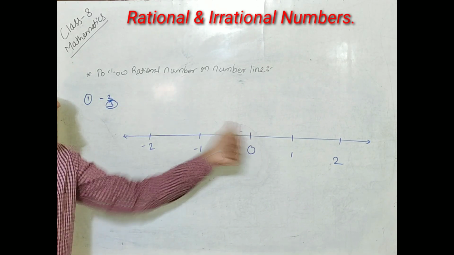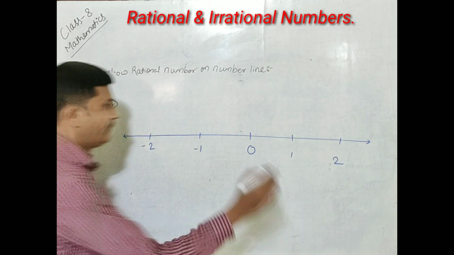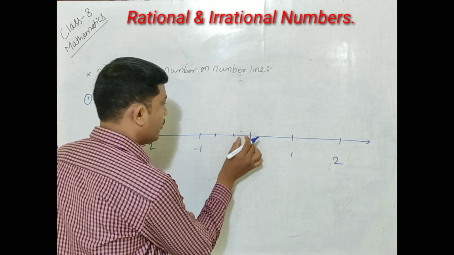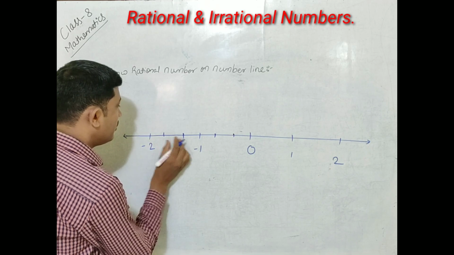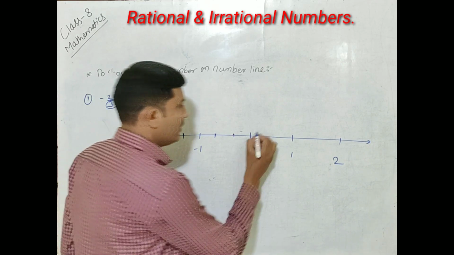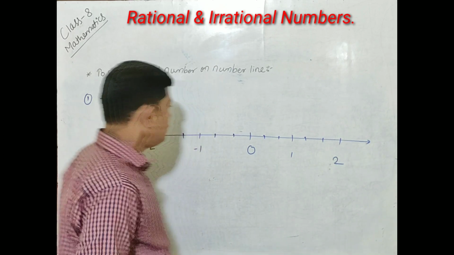So left to the 0, each unit should be divided into 3 equal parts. 1, 2, 3. Again in the same way 1, 2, 3. Both sides you can do.